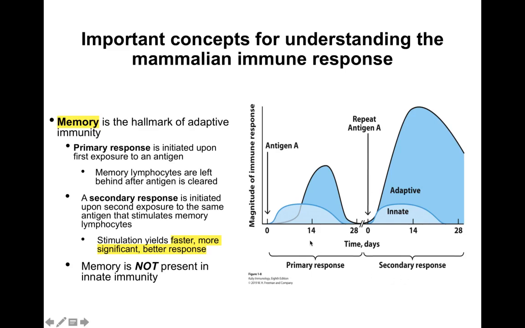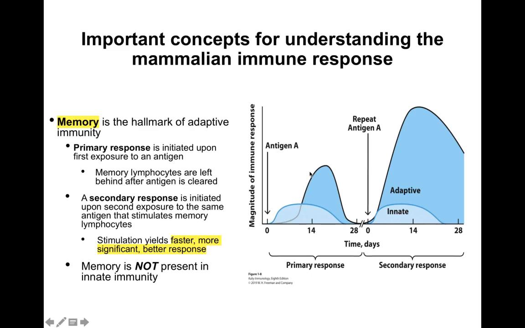The first time, the immune response takes several days to be initiated. This is the adaptive here in the dark blue, and the light blue is the innate. The innate is the same every time you come in contact with the same pathogen. So it's showing you here that the innate takes some time to activate, and it'll be activated for a while. And it's the same the second time you come in contact with that same antigen.